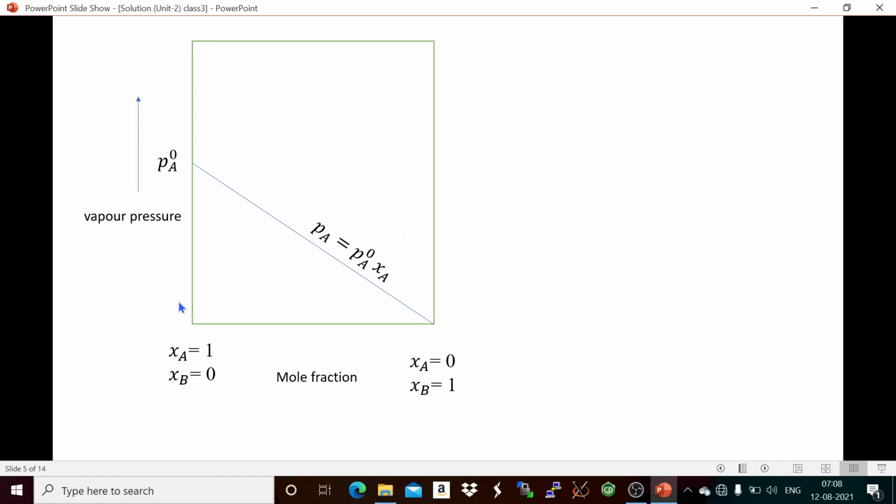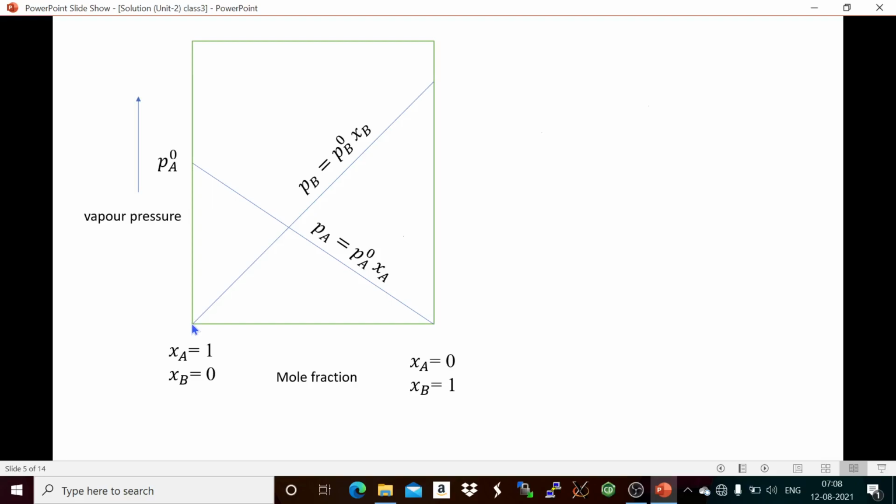Similarly, if we draw a graph, PB is equal to PB naught XB, then again a straight line passing through the origin, y is equal to mx, and when XB is 0, then PB is 0 at this point.